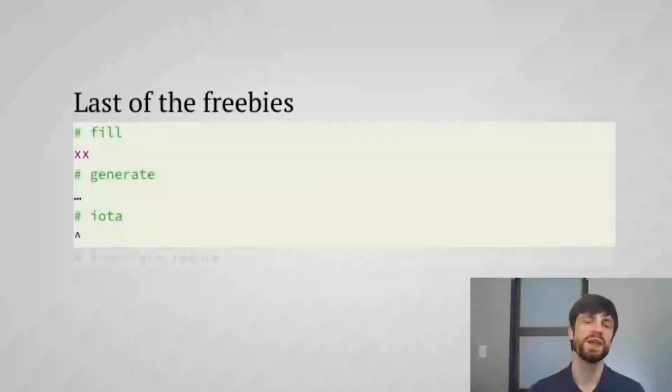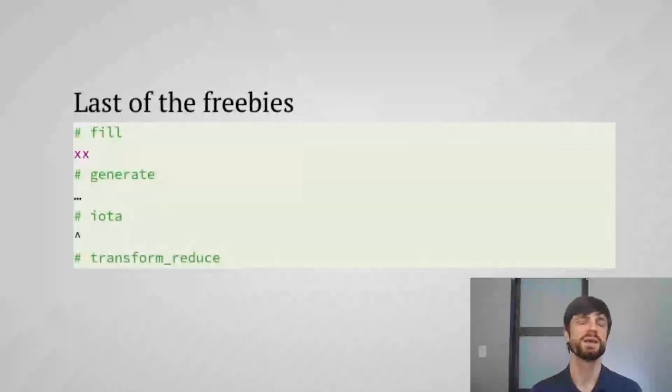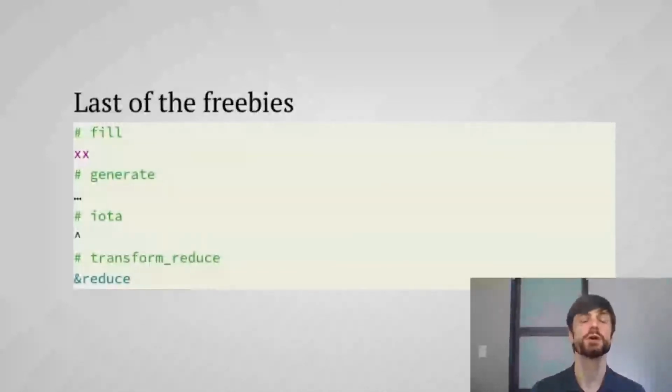And then on a slightly different note, but I want to mention it while we're still in this last of the freebies slide, C++ has transform reduce, but the reduce functionality in Raku is actually powerful enough to provide that same functionality with inline functions and the ability to transform your output before adding it into your accumulator.